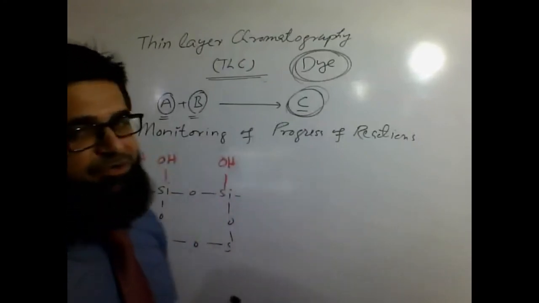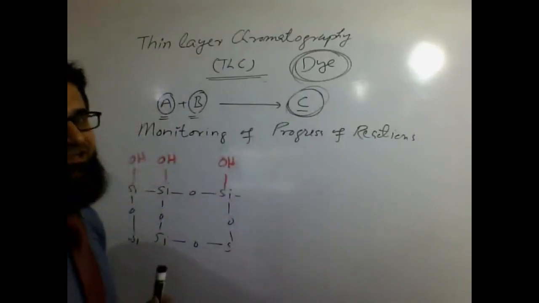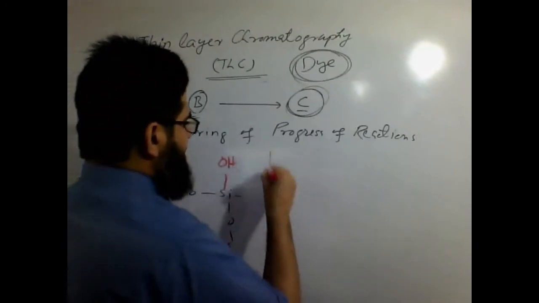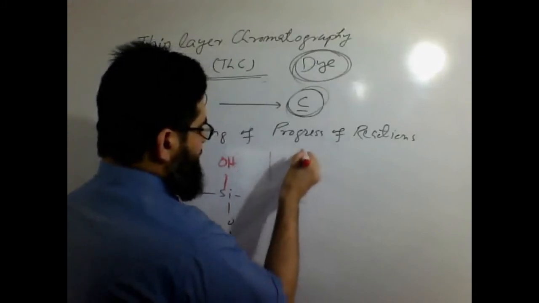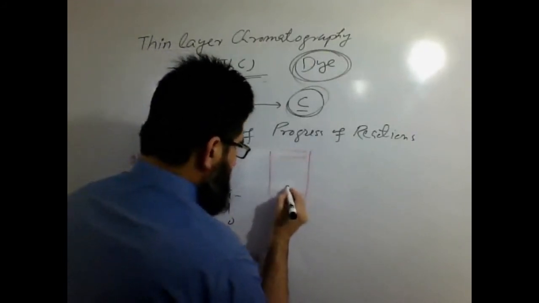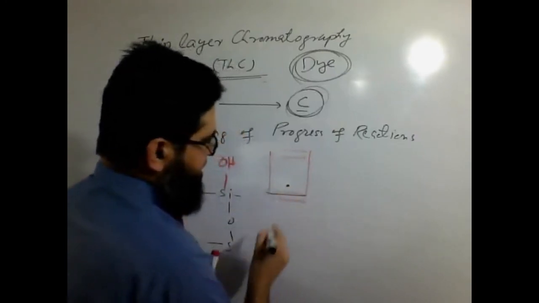So they produce resistance, hindrance for the movement of the polar molecules. So the polar molecules are supposed to be slow moving and they remain closer to the baseline.